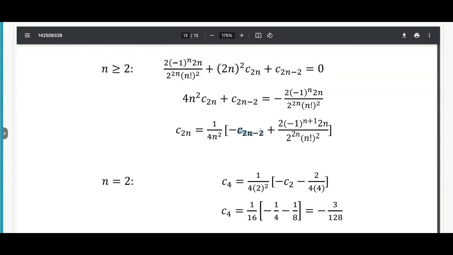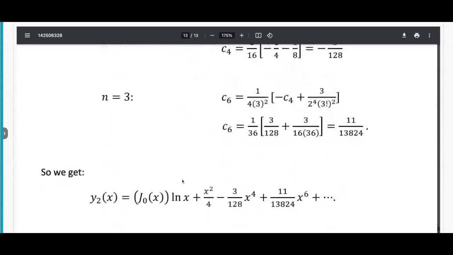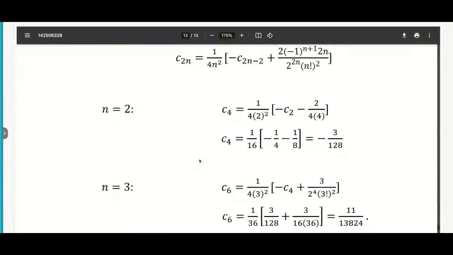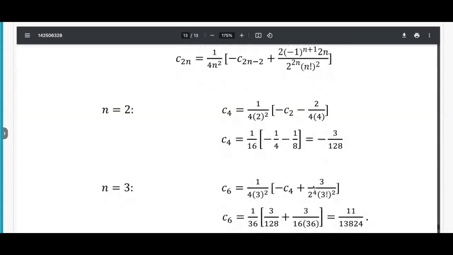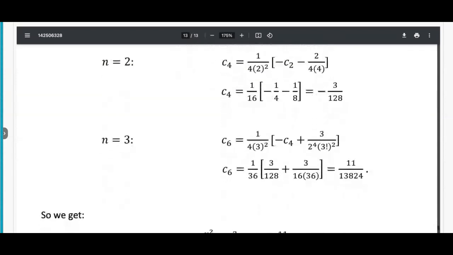We get a c_{2n-2} term, so the 2n term and the 2n minus 2 term have such a relation. For n equals 2, we calculate c4 and get negative 3 over 128. For n equals 3, we get such a big number.